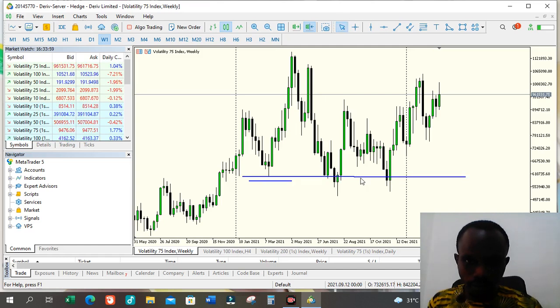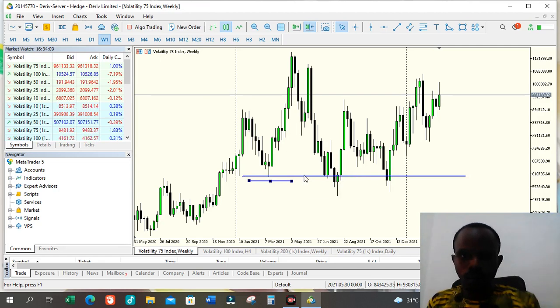Here the structure was broken from this point.